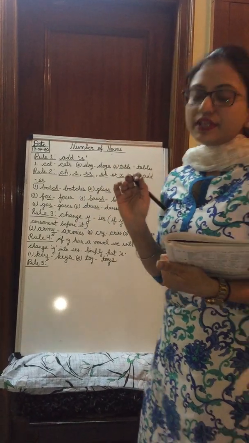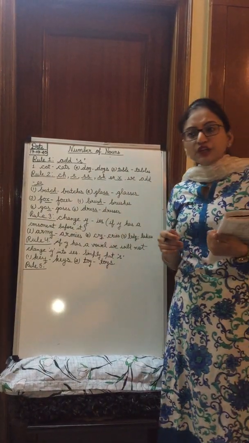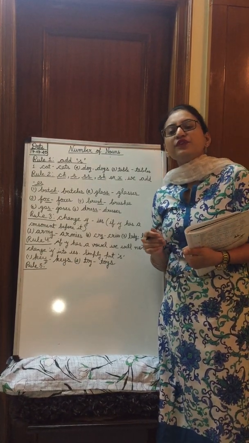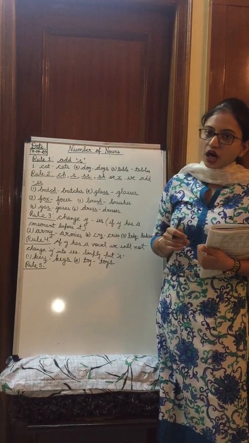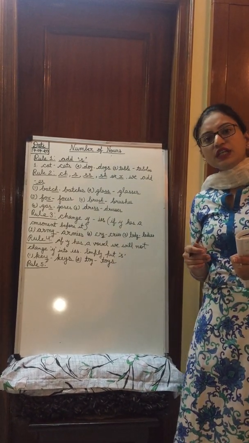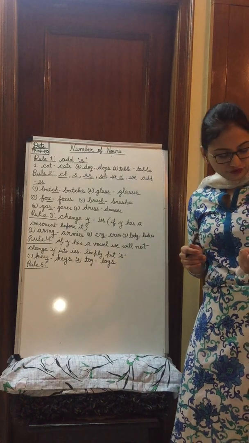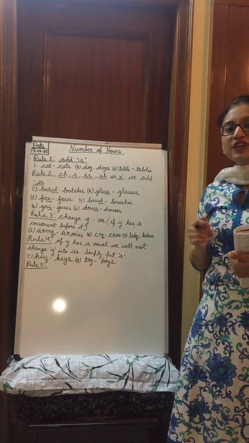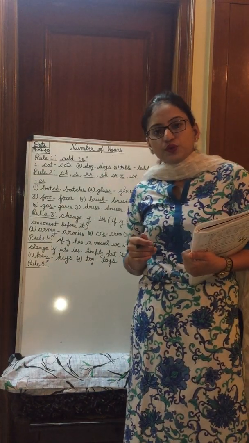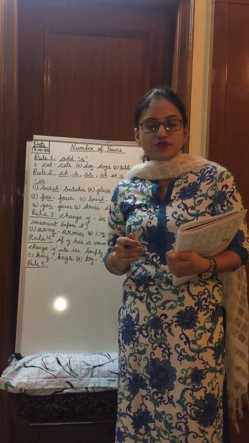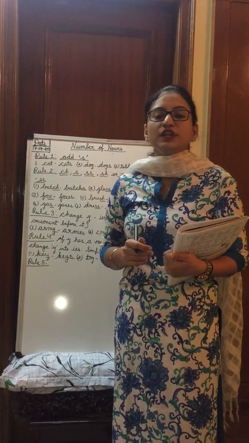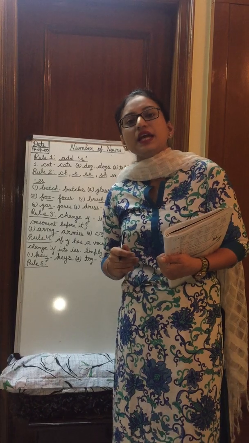Rule number 5 is, if the noun ends with F or FE, we will change F or FE into VES.